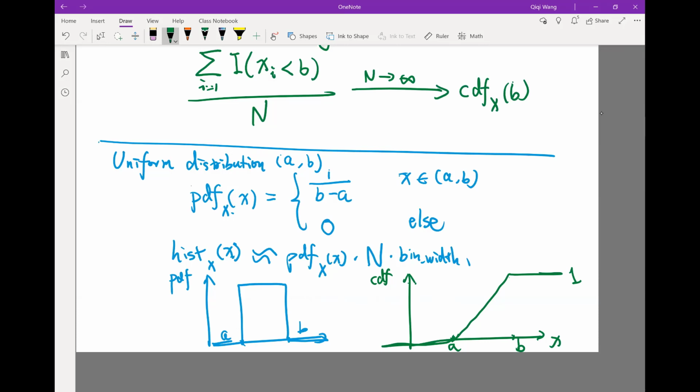Almost every programming language, like MATLAB or C or anything, gives you a way to sample uniform distributions. So I'm not going to discuss how the computer does that.